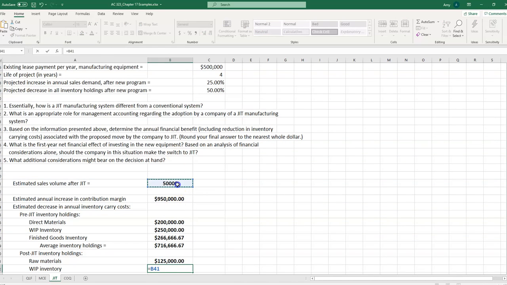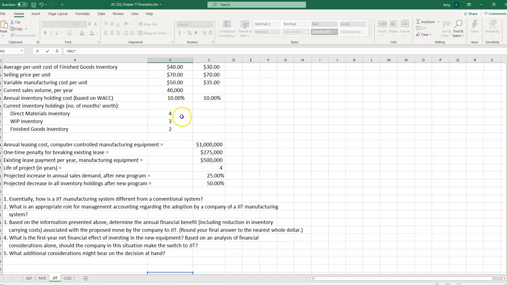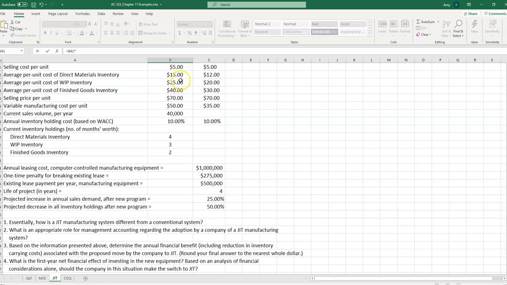And for work in process, 50,000 units times $25 cost times 1.5 divided by 12.